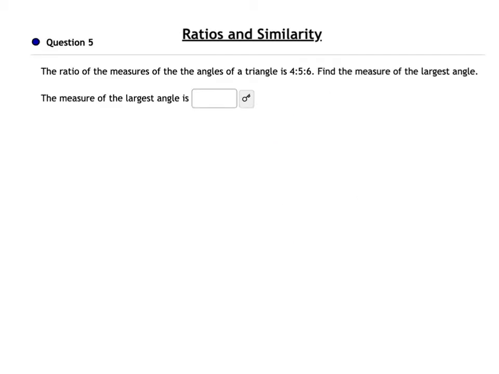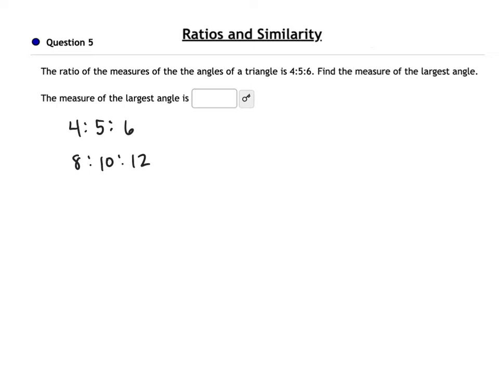The ratio of the measures of the angles of a triangle is 4 to 5 to 6. Find the measure of the largest angle. If the ratio is 4 to 5 to 6, it's equal to that same ratio, but we're talking about angles of a triangle. For example, maybe it's 8, 10, and 12. I doubled them all.